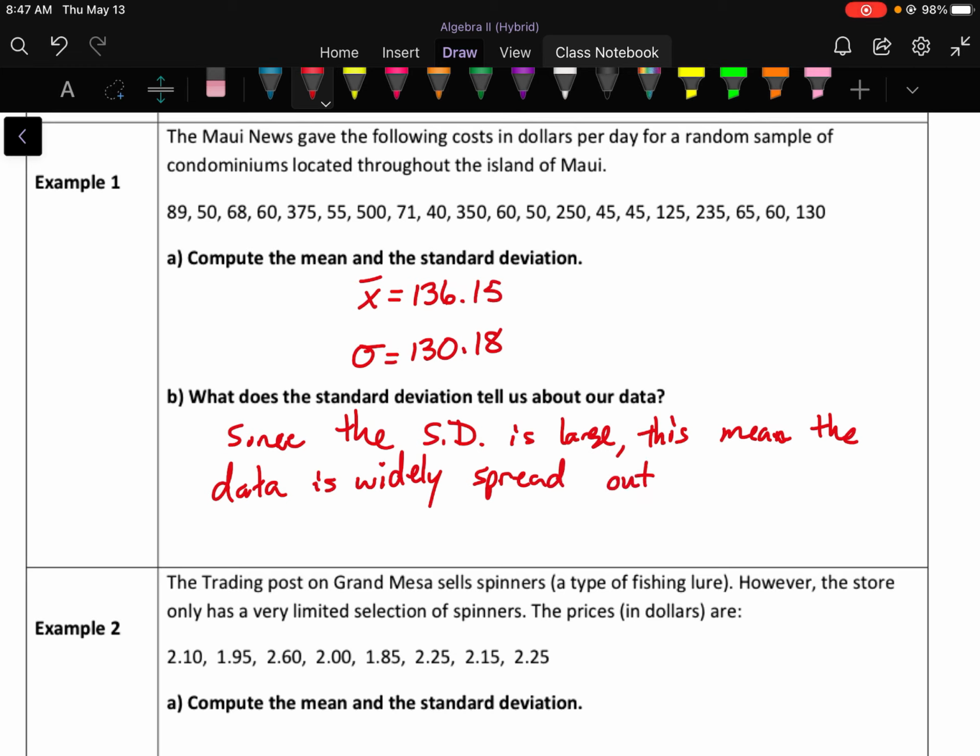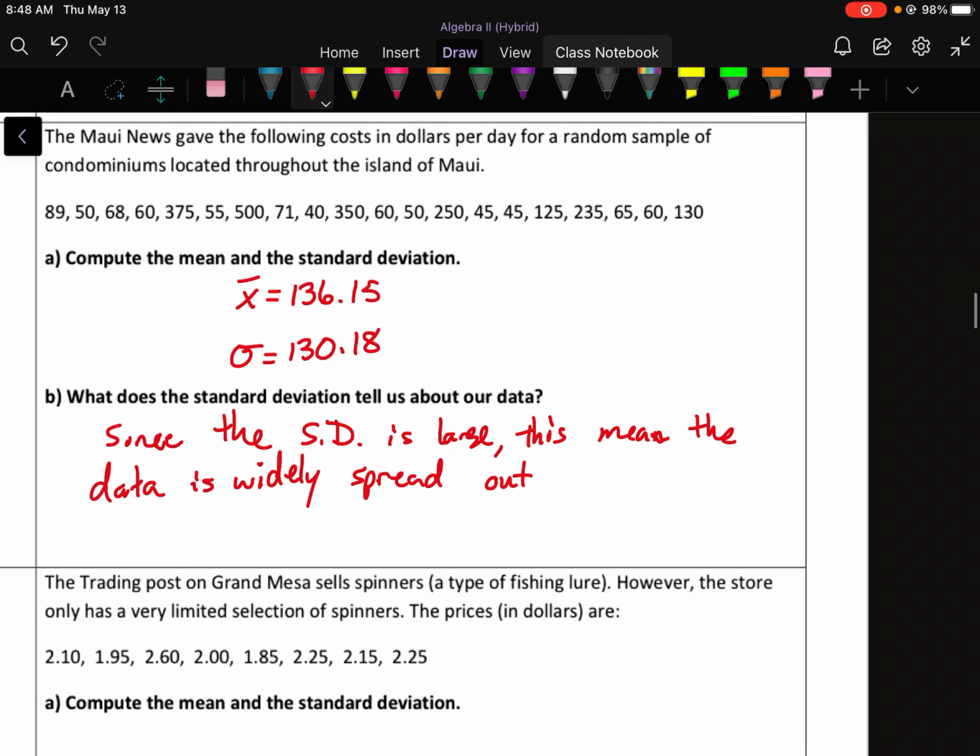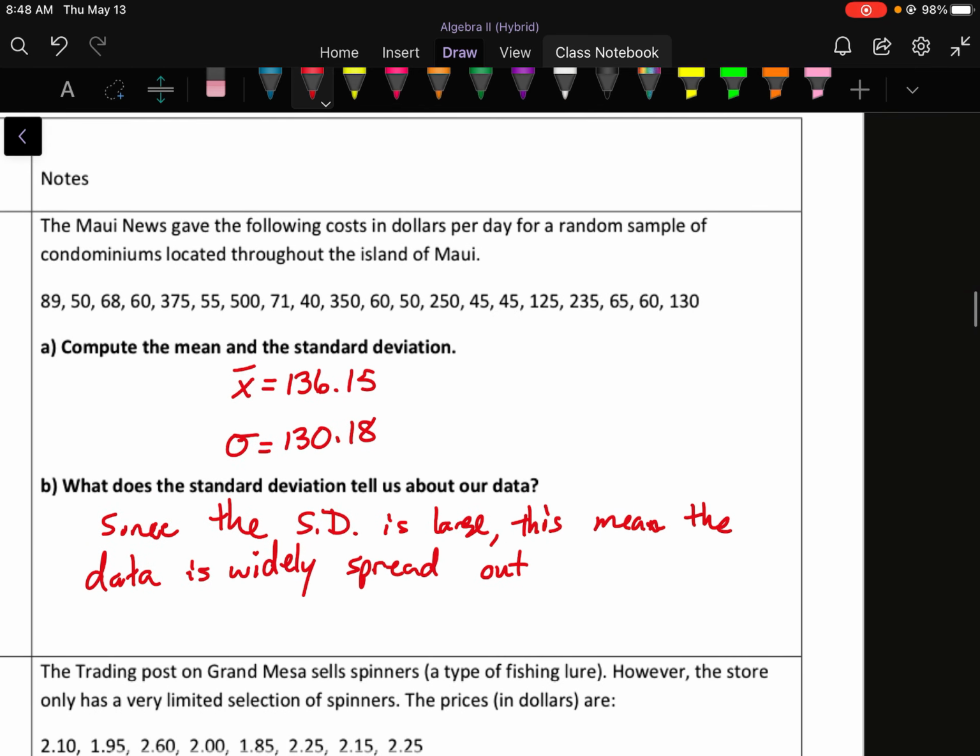Okay, so the mean was 136, the standard deviation is 130, so this is just going to be a terrible representation. It has nothing to do with this specific example.